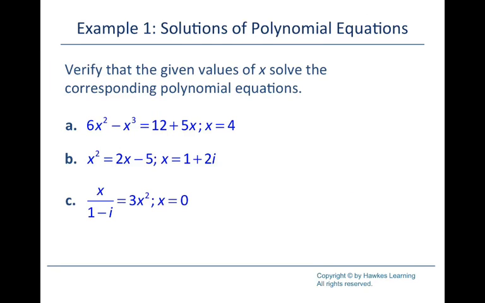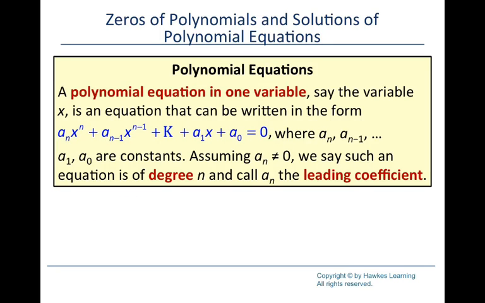If we have a polynomial equation, and the variable x, then x is your variable. And most of the time in math it is. It could be any letter, but we're going to say x is the variable. Where a sub n means some coefficient a, and n is your highest power of x.